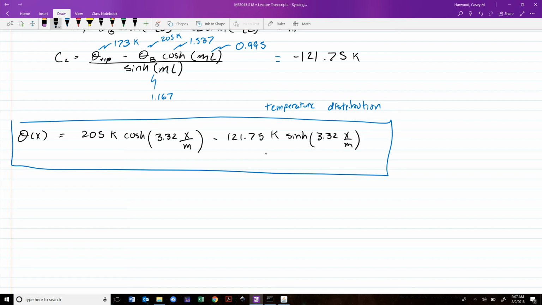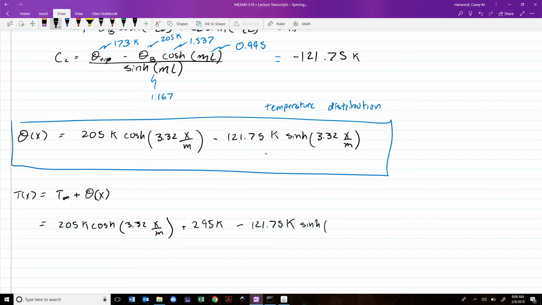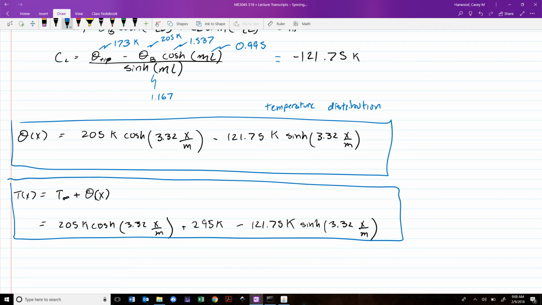So if we want the actual absolute temperature distribution, we need T infinity plus theta x, which works out to 205 Kelvin cosh of 3.32 x per meter, plus 295 Kelvin, minus 121.75 Kelvin sinh of 3.32 x per meter. Okay. Any questions at this point?